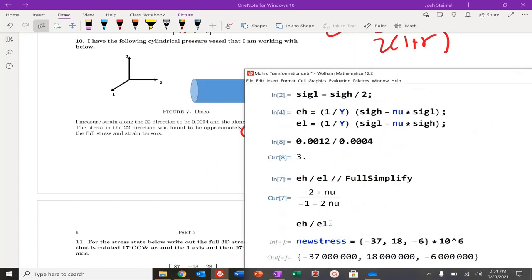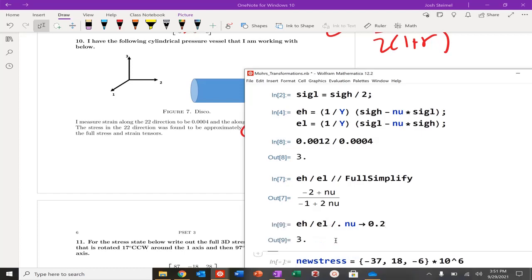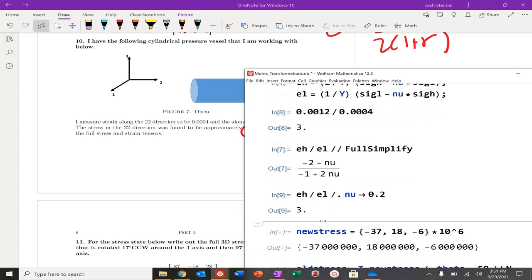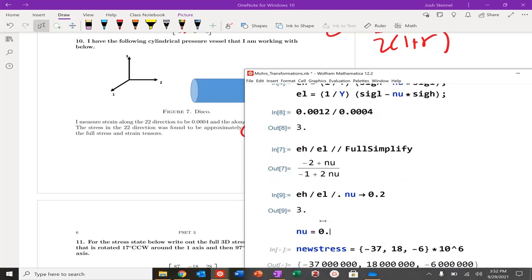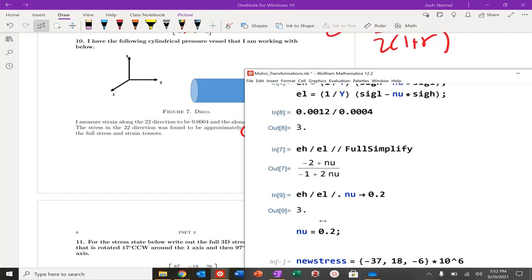So let's say EH divided by EL, and nu goes to 0.2. It's a ceramic material. So I know that my nu equals 0.2. I know that my Young's modulus is equal to 300 times 10 to the 9th. So I can start to solve for these values.